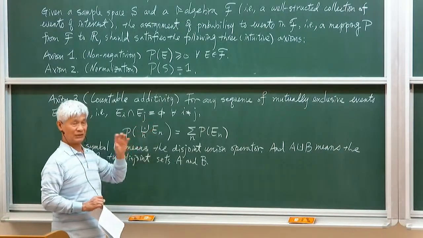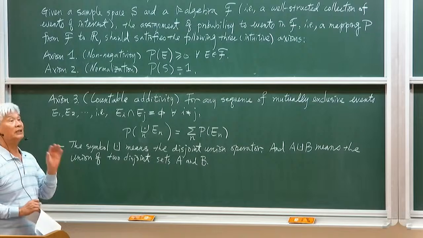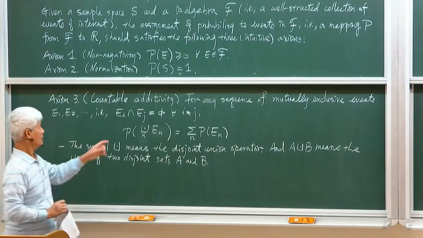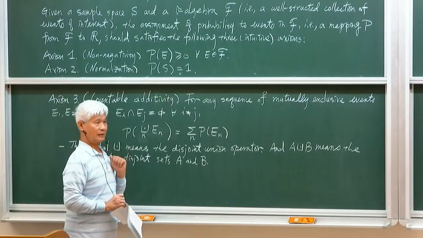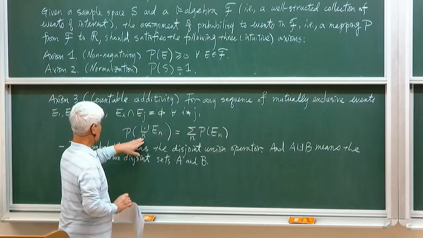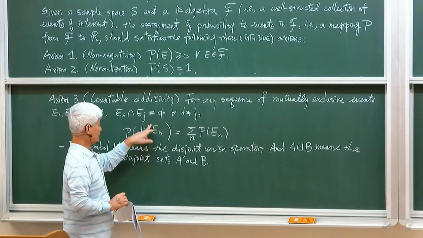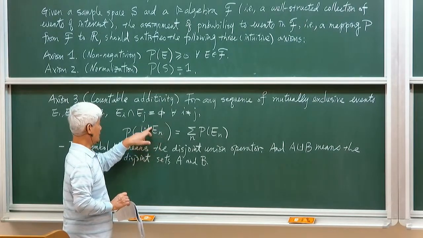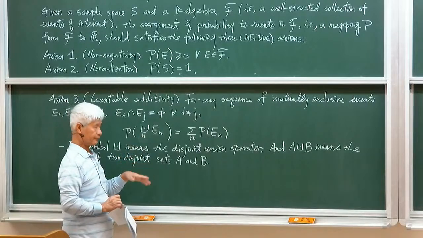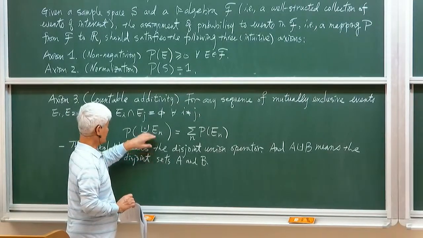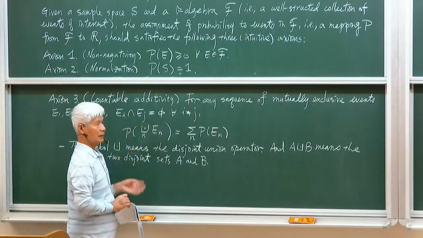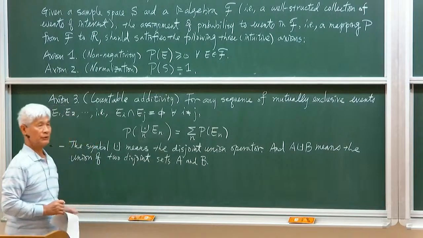Indeed, disjoint union is a kind of union, but it says something more, which is that the events joined in this union are mutually exclusive.